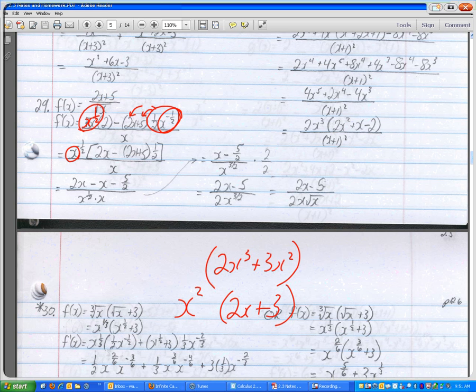So which exponent did I use? The biggest one or the smallest one? Smallest. We call it greatest common factor, and the greatest throws people off, and if you don't think about it, you'll think, oh, use the big exponent. But you don't, do you? You use the smallest exponent.